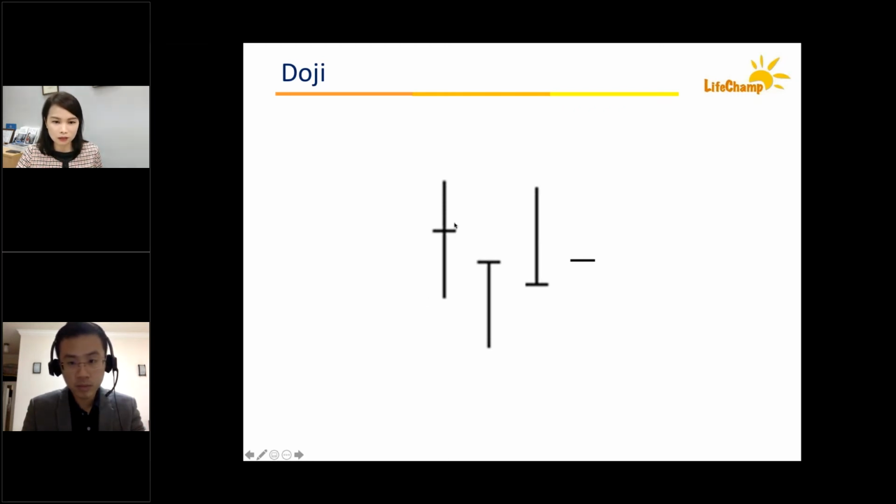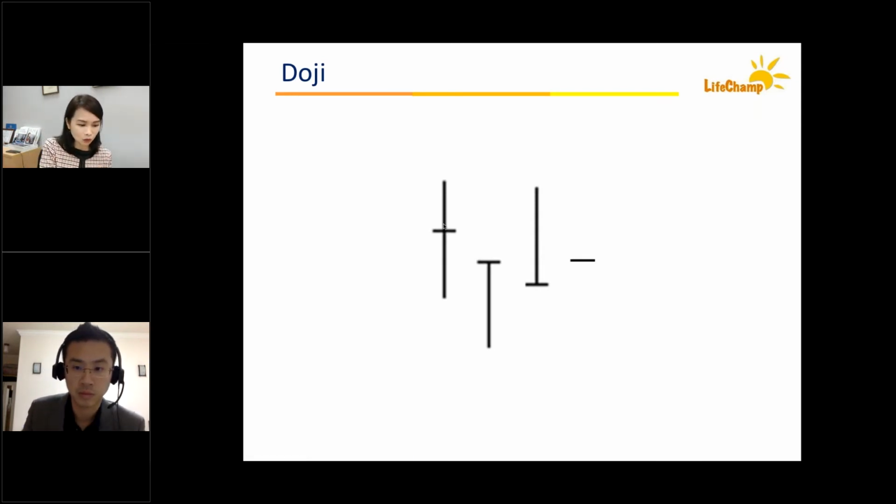That means the whole day people did not know where to go. You go down, then see it's not right, go up, then find it's not right again, and go back to square one. So the whole day you do not know where the trend is.